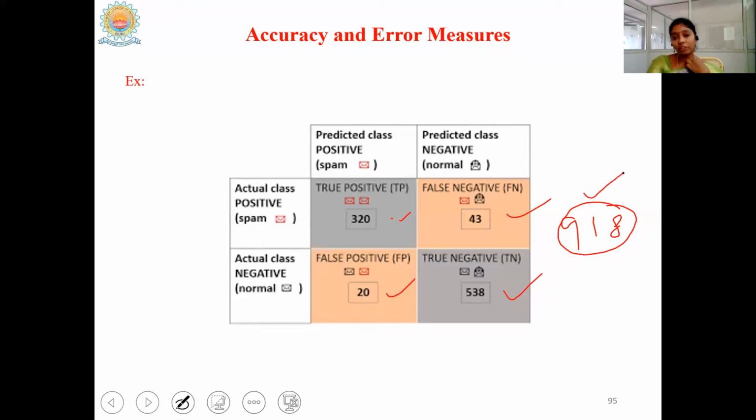So I have email data with 918 mails, a total of 918 emails.